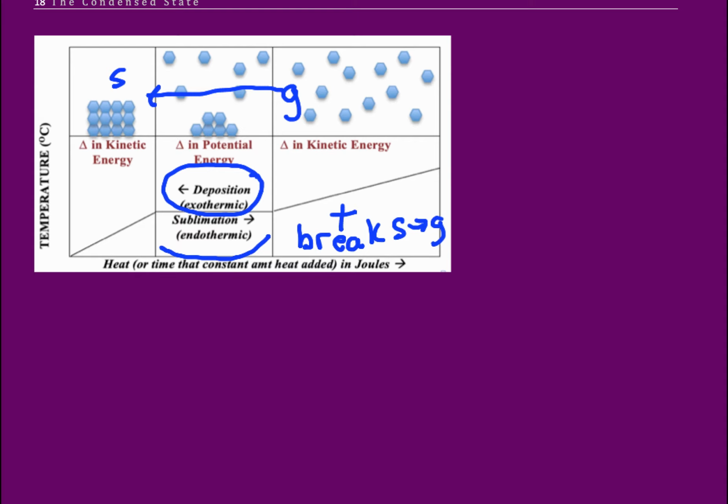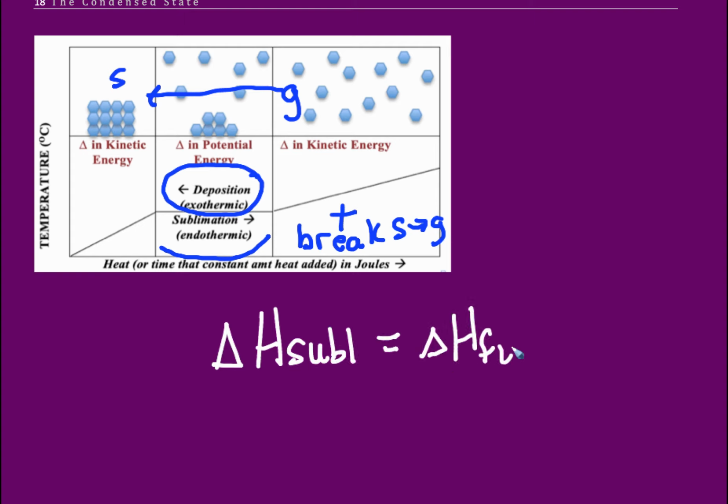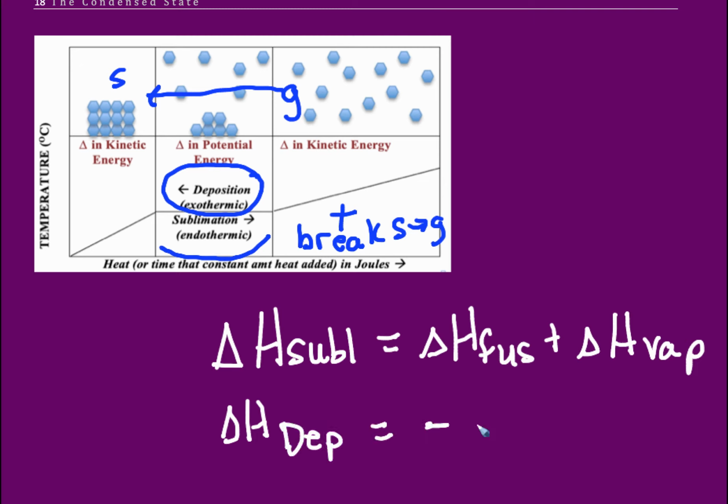Now, the heat involved here, let's just call this the heat of sublimation, would be the heat of fusion plus the heat of vaporization. So it would be the sum of the 2. The heat of deposition is equal in magnitude but opposite in sign to the heat of sublimation. One is exo, one is endo, but they're the same values.